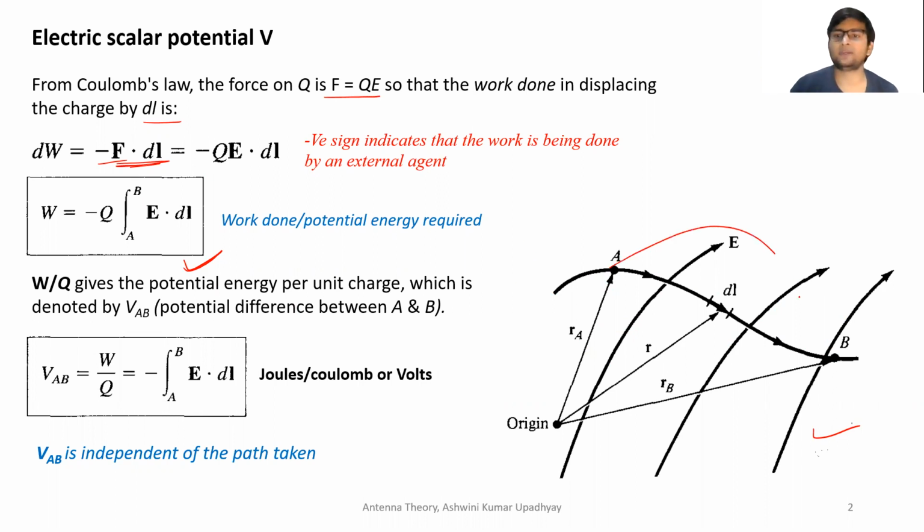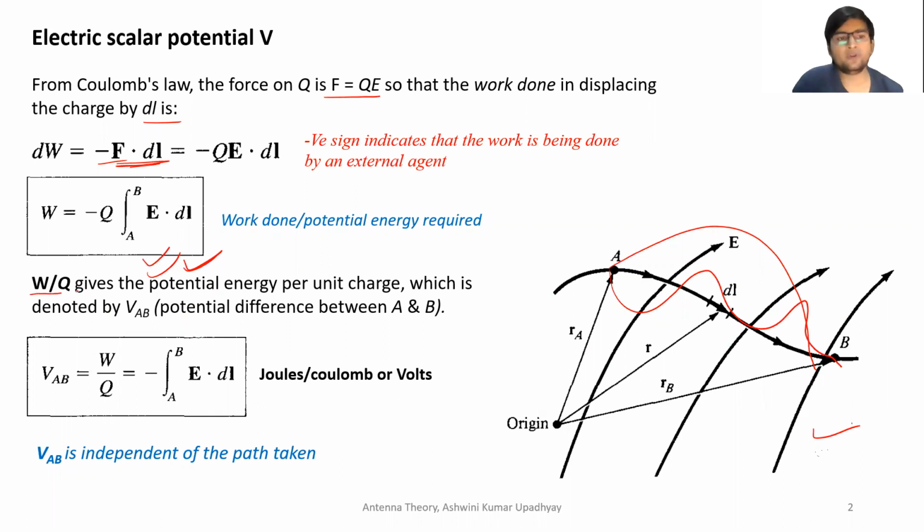It can go like this, it can go like this. It does not matter. The total amount of work done or the potential energy required for moving this particular charge Q from point A to point B will be given by this equation, which is basically the line integration of the electric field multiplied by the charge Q.